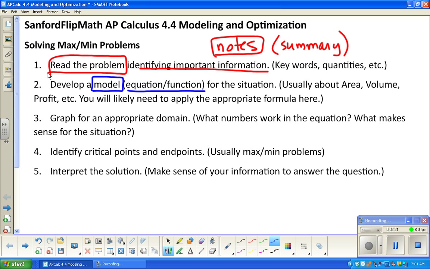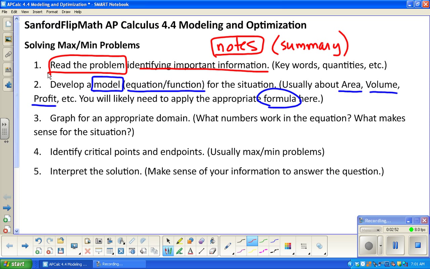The stuff that we're going to see mostly is going to be about area, volume, could be maximizing profit, could be minimizing costs, could be something completely abstract, but most of the time it's tied into something that's physics or geometry related. Very common that you need to do some kind of formula, so formulas for area and volume and things like that are very appropriate here.